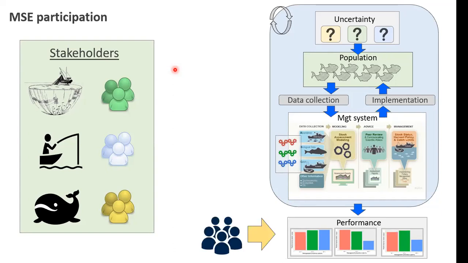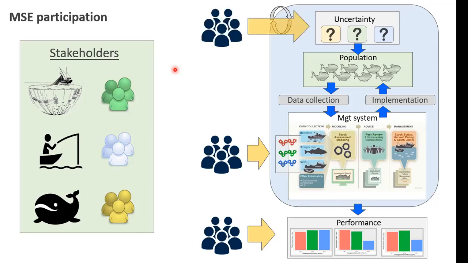So where can they participate in this process? Well, certainly in defining the performance metrics, because those are the objectives for the fishery or the population, and also possibly in devising the alternative management strategies that you want to test against or compare, I should say.